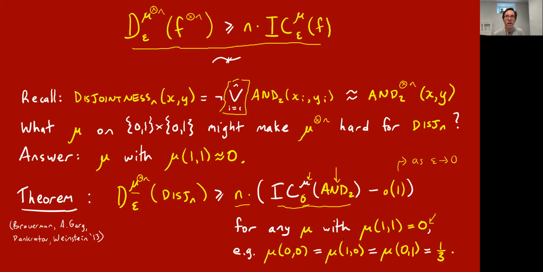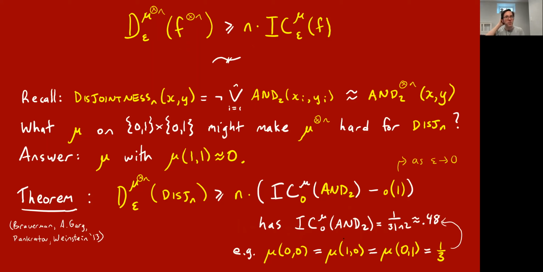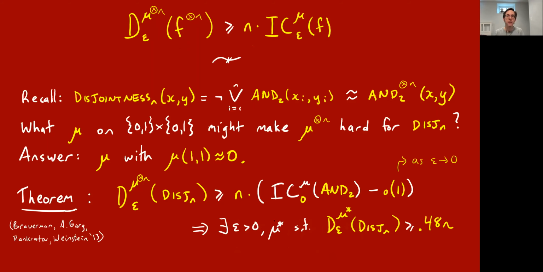But with a lot of effort, you can figure out the answer. It turns out to be 1 over 3 ln 2, which is about 0.48. And once you know this theorem, you plug it in and you get that there exists some epsilon greater than 0, and this distribution, the n-fold product of this 1/3, 1/3, 1/3, 0 distribution, such that under this distribution, any protocol for solving disjointness with error epsilon needs at least 0.48n bits of communication.